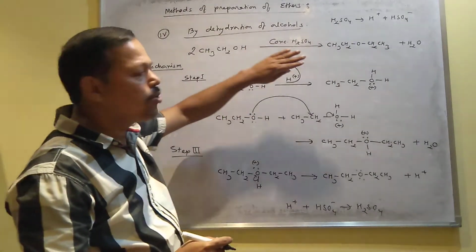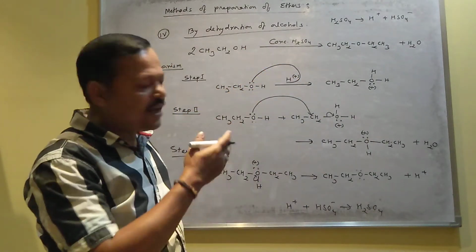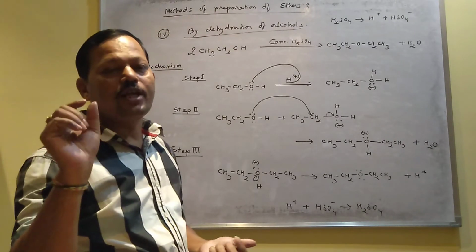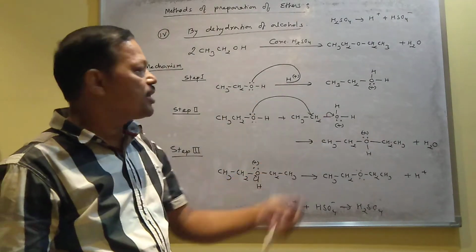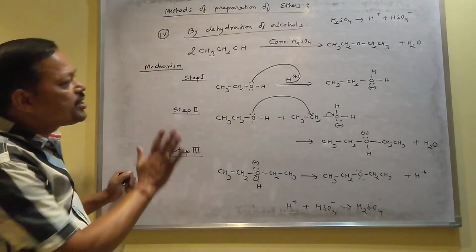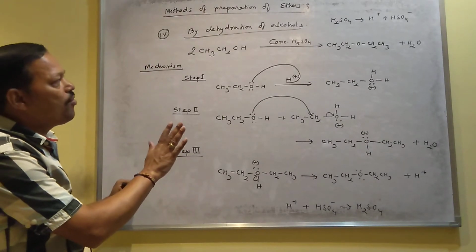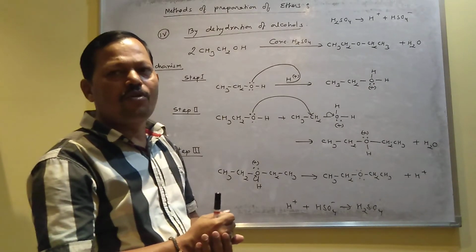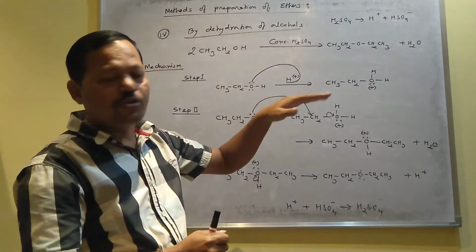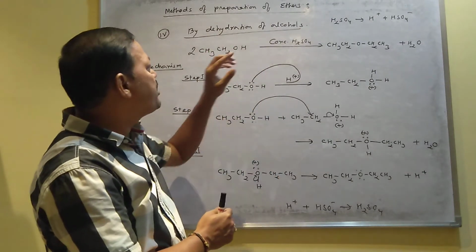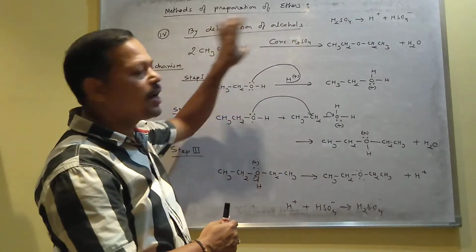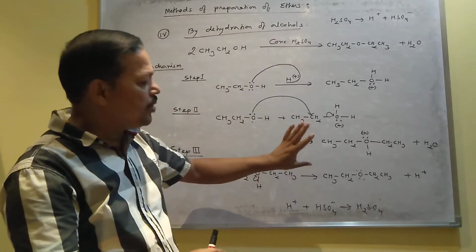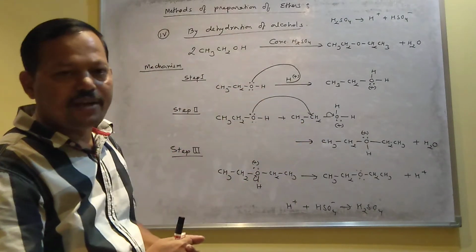First it is involved in the reaction, and at last it is released again from the reaction, and that is why catalysts do not take part in product formation. On the product side you don't get the catalyst. So this is the mechanism of this reaction. I have given the mechanism of alkene formation also, how on dehydration you get alkene from alcohol, and this is the ether formation mechanism after dehydration.